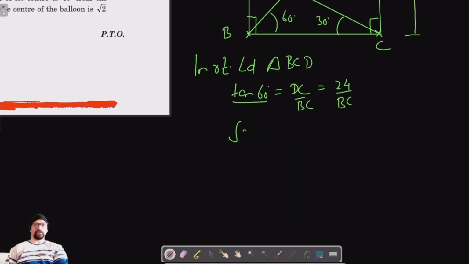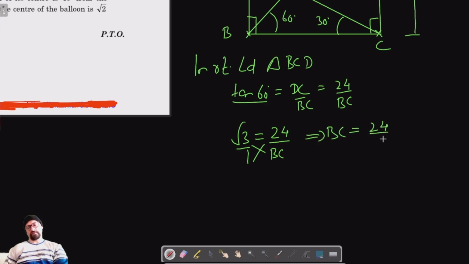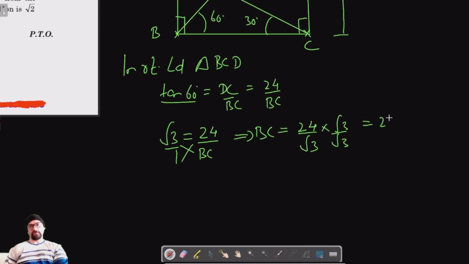Now tan 60 is root 3. This is 24 by BC, and if we cross multiply, this gives us BC is equal to 24 by root 3. If I rationalize this, it gives me 24 root 3 by 3.